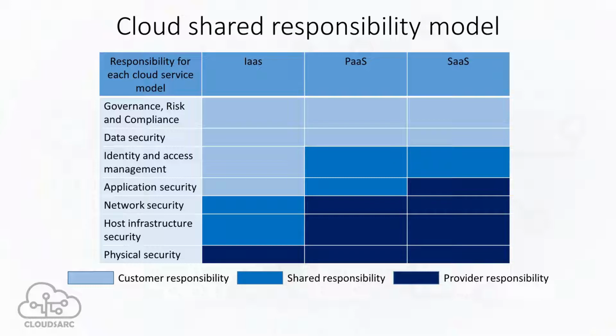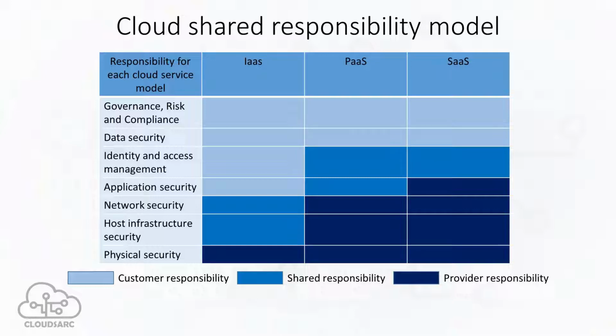You, as a platform as a service customer, are responsible for data security and application security. In the software as a service tier, the cloud service provider has responsibility for security of the application and all underlying components. The software as a service customer is responsible for data security and endpoint device protection.